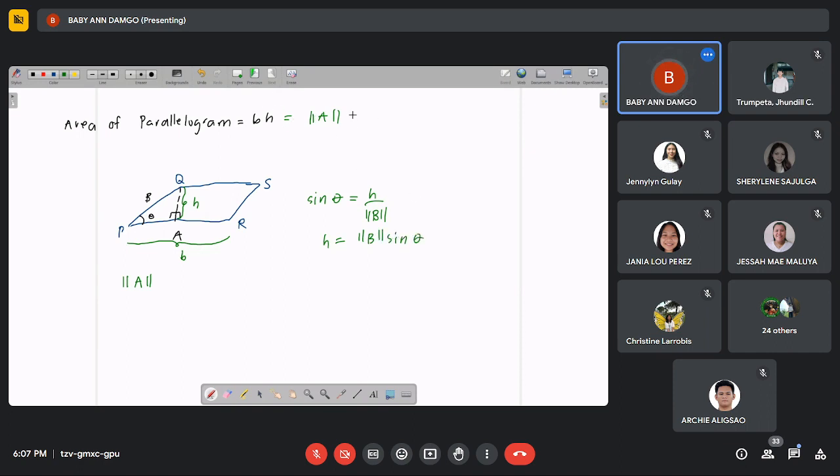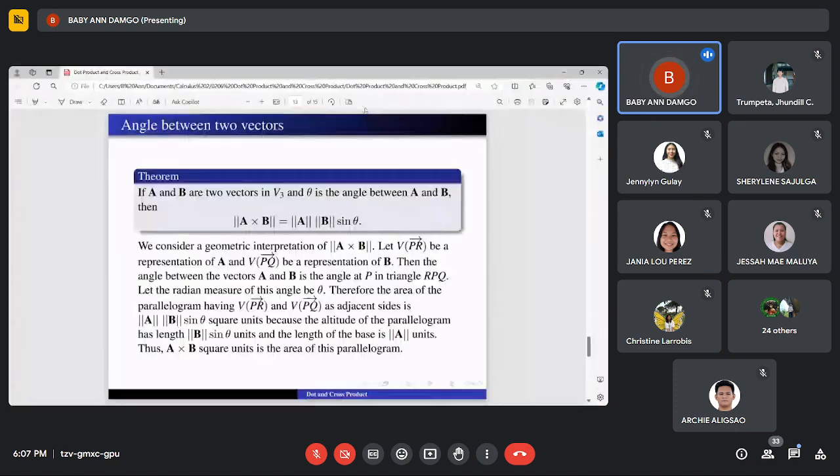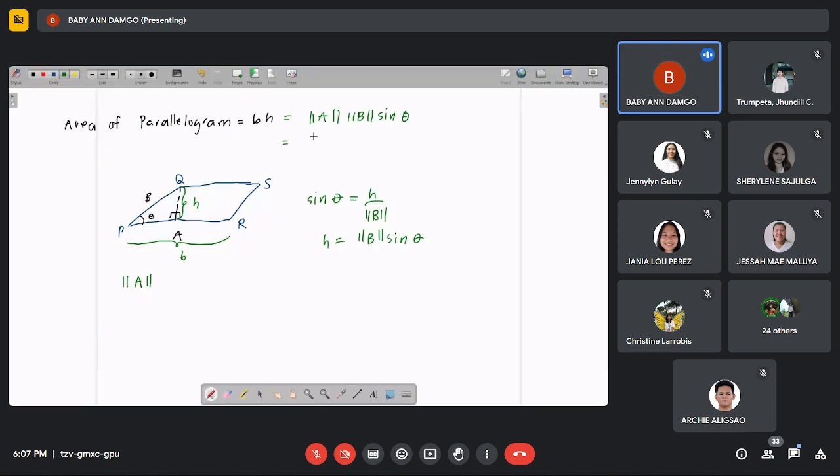So we substitute, this is times the magnitude of B sine theta, which from the definition is A cross B. So by the vector, we can use this to solve the area of a parallelogram. The area of the parallelogram is just equal to the magnitude of A cross B.